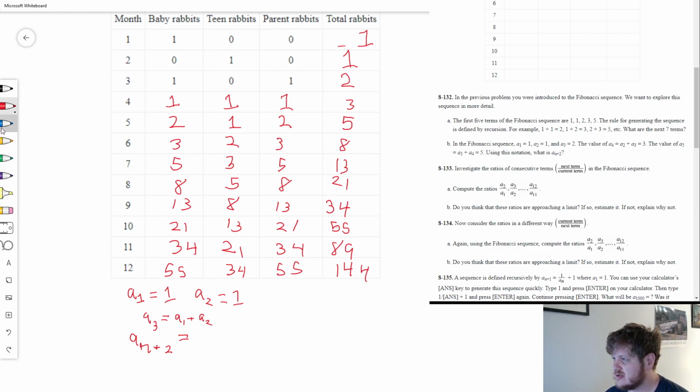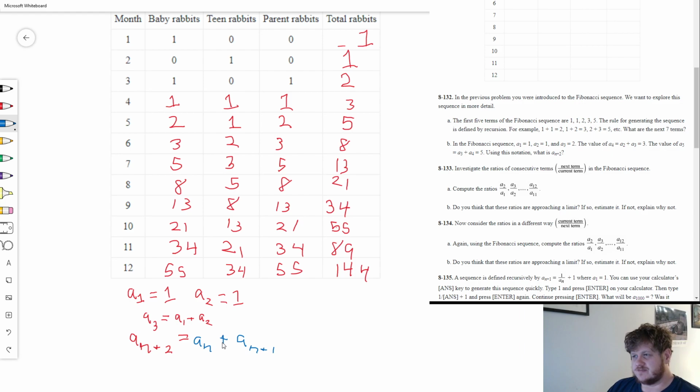So if we turn it into an n term, if we plug in 1 for n, then we have over here a sub n, because the 1 is n. And this 2 would actually be a sub n plus 1.